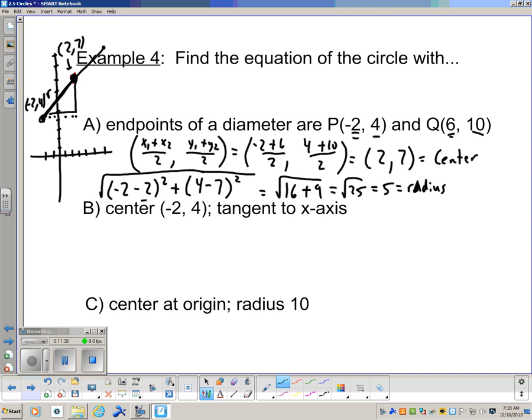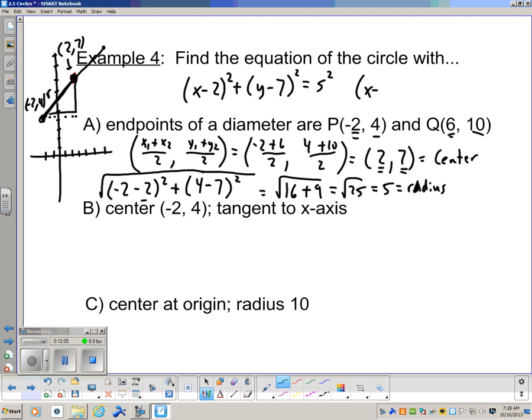So now let's go ahead and find the equation of our circle. Our equation would be x minus the center of our circle. The center of our circle there is (2, 7), and we're looking at the x value there. So (x minus 2) squared plus (y minus 7), the y value of our center, squared, equals our radius squared, which is 5 squared.